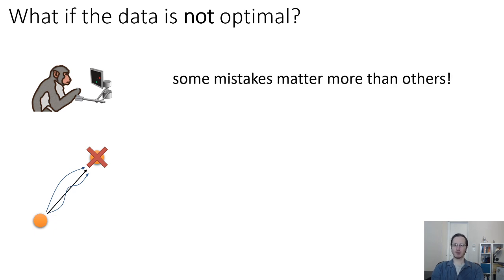So some mistakes matter more than others, and it turns out that taking this into account appropriately is critical for developing models that explain intelligent behavior in humans and animals, and also turns out to be a tool that will allow us to build better reinforcement learning algorithms, and later on to build inverse reinforcement learning algorithms.